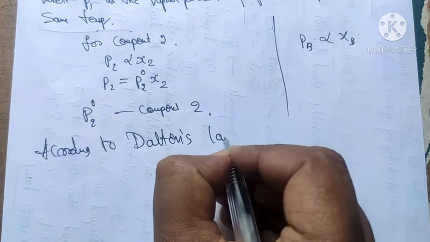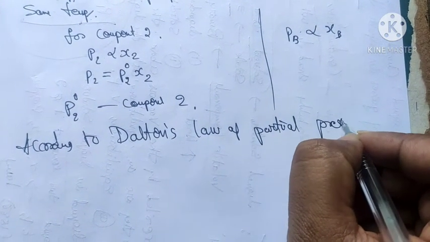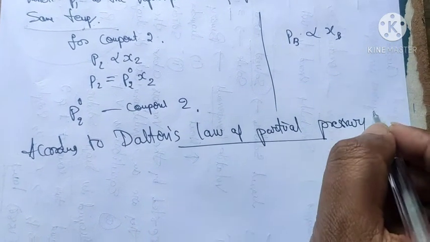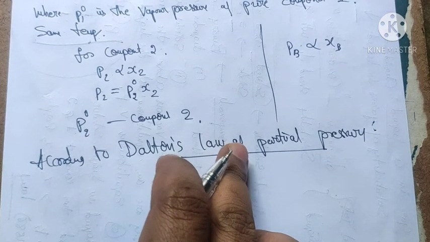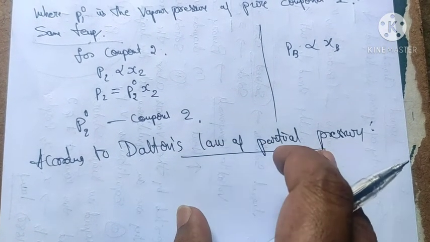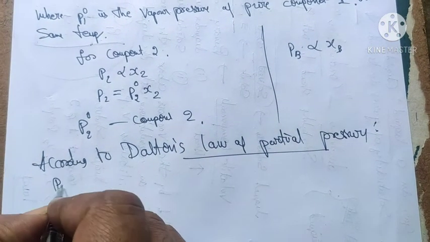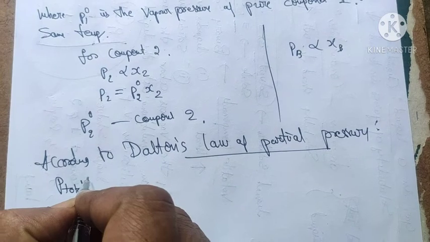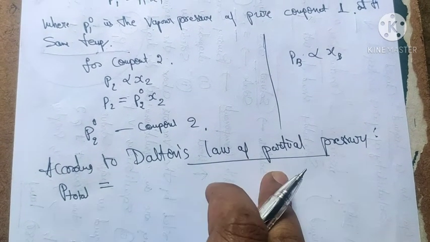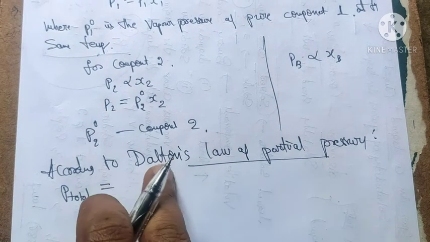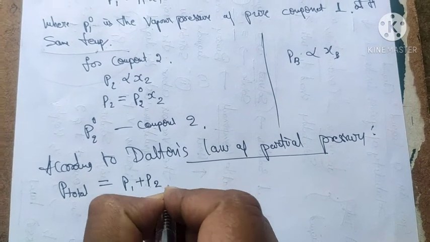According to Dalton's law of partial pressure, the total pressure over the solution phase in a container will be the sum of the partial pressures of the components of the solution. So P total over the phase containing components 1 and 2 is P1 plus P2.